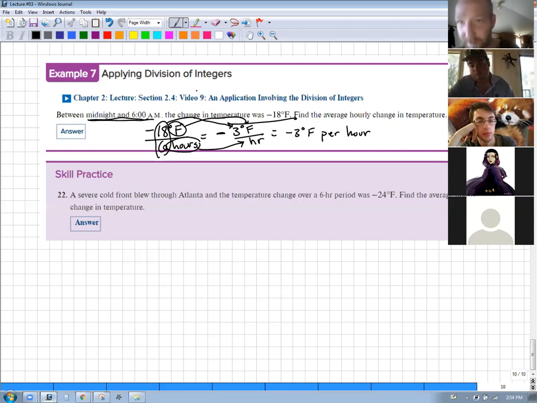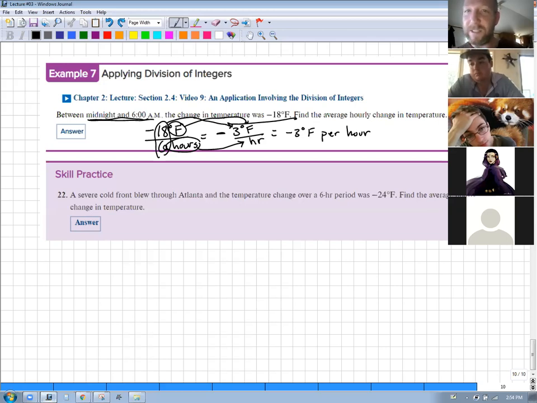These are our units, the degrees and hours. Sometimes we'll have centimeters or meters or dollars. You always want to write your units down because they kind of guide your math. If you start off with degrees Fahrenheit per hour and you end up with pesos, you know you did something wrong. You want to always write your units because they guide you.